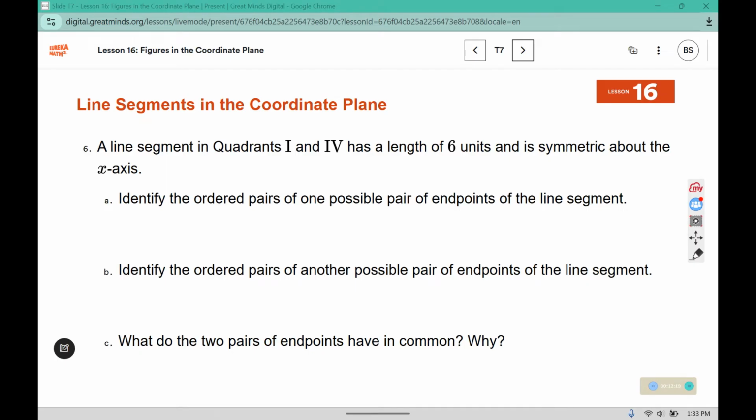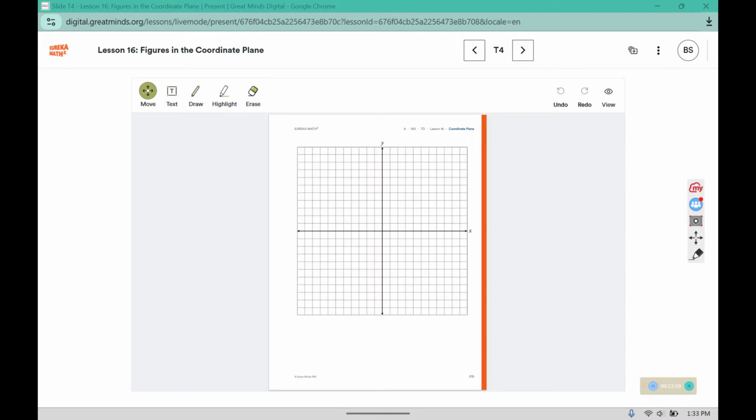A line segment in quadrants 1 and 4 has a length of 6 units and is symmetric about the x-axis. Identify the ordered pair of one possible pair of endpoints, then another possible pair of endpoints, and state what they have in common. Let's go back to that page. Here's page 215.